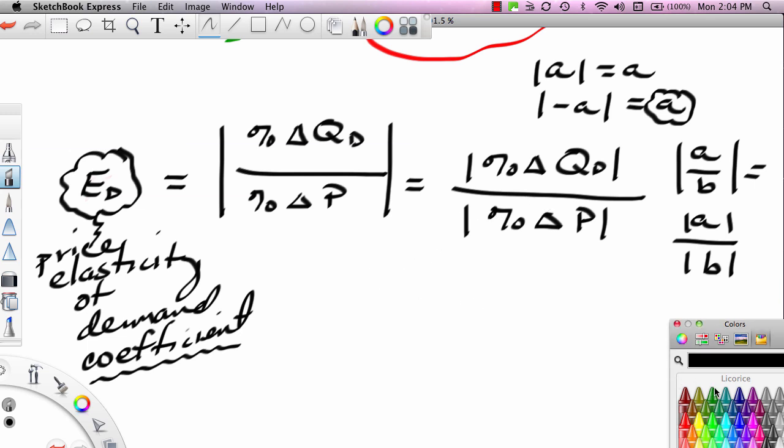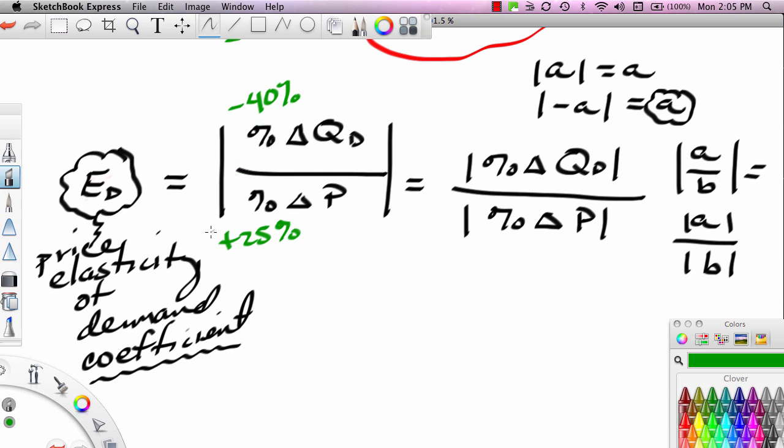Okay, let's just think a minute. Let's go back to our example. I want to just remind you of something. In the price-sensitive case, remember in the price-sensitive case above that Q dropped by 40% when P went up by 25%. Now think about this.